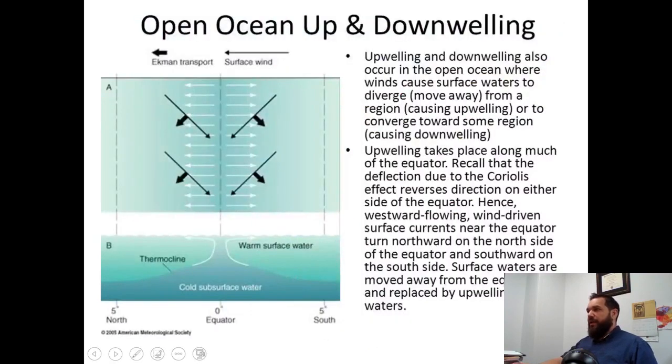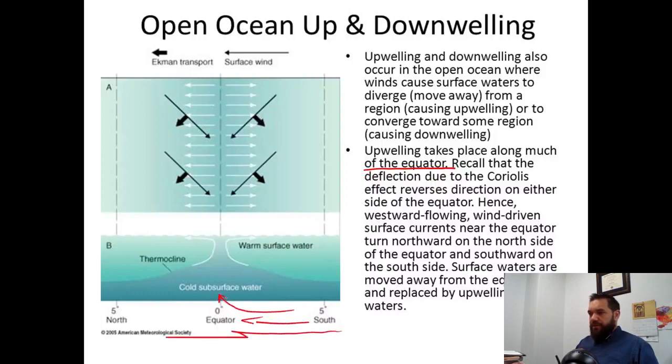So upwelling and downwelling occur in the open ocean, where winds can cause surface water to diverge and move away from a certain area. Upwelling takes place along much of the equator. So remember that when you go along the equator, you have the trade winds blowing along the equator, and they're going to turn to the right due to Coriolis effect in the northern hemisphere, and to the left in the southern hemisphere, and that creates diverging water.